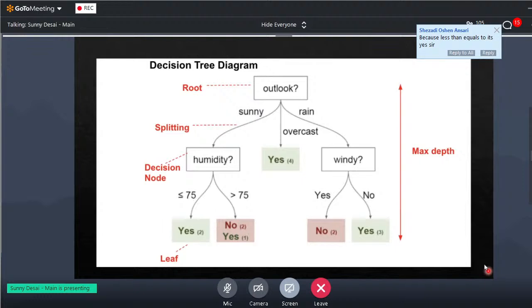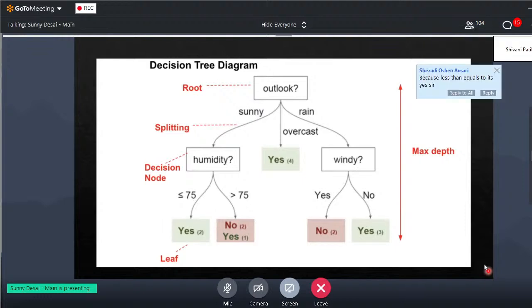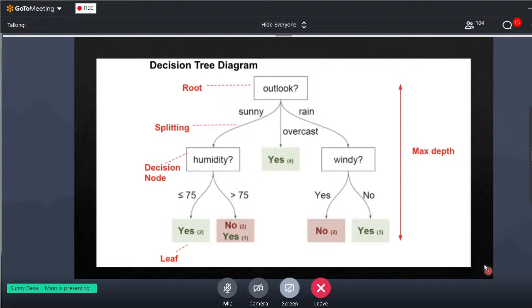Because less than equal to it. Nope, nope, nope. You're not looking at your screens. Everyone, can you please look at your screens? What is the first variable? Can you please all respond?